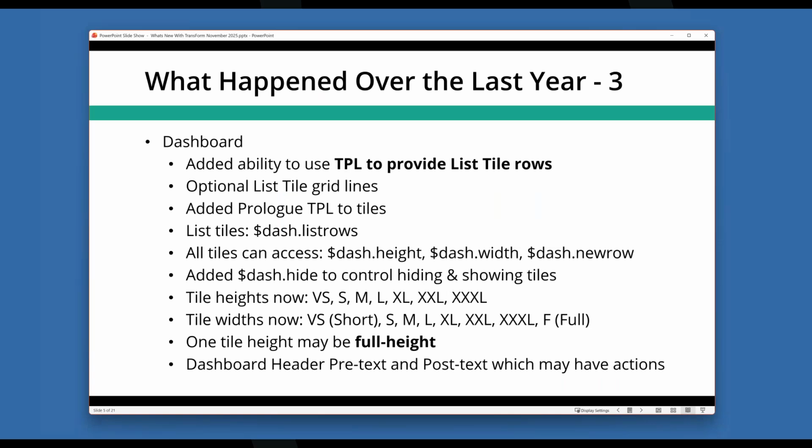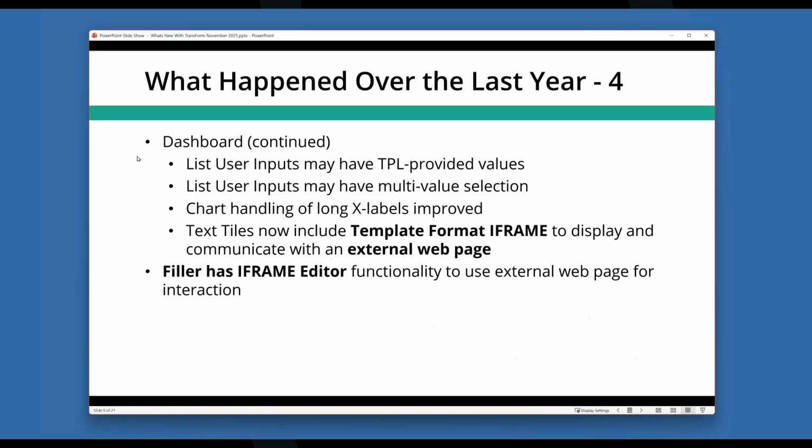Well, now you can put text before it and text after it, and those can have actions that you can click on to run TPL functions to make other changes to the system. This gives you better formatting of the dashboard, and you can put HTML in there, and the user inputs can still be inside of it.